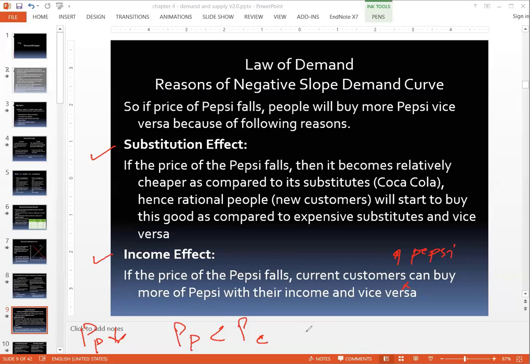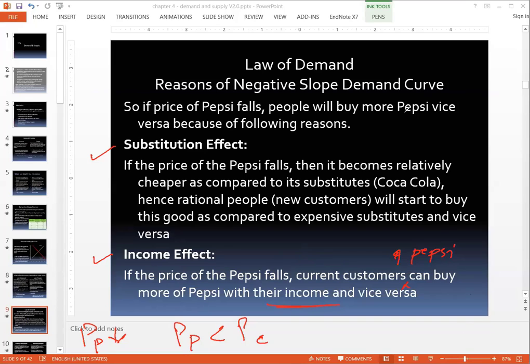Secondly, when there is a decrease in price, people will feel that their income can buy more Pepsi because Pepsi is cheaper. So they will use their income to buy Pepsi rather than Coca-Cola, because for a particular income they will be able to buy more Pepsi as compared to Coca-Cola.